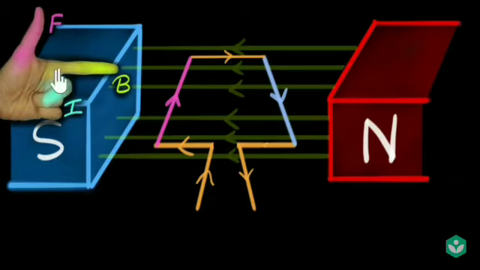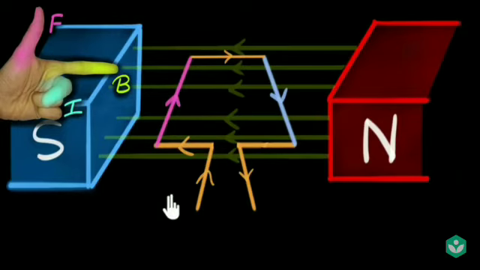To figure out how this coil moves, we will need to figure out the direction of the force acting on each side of this loop. To do that, as we have seen before, we can use the left hand rule, where you take your left hand and stretch your fingers like this.